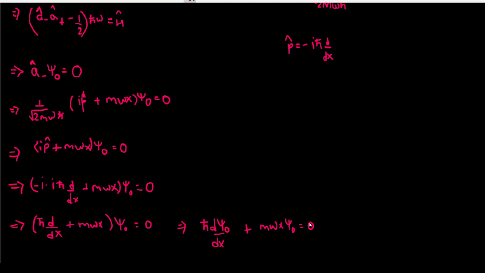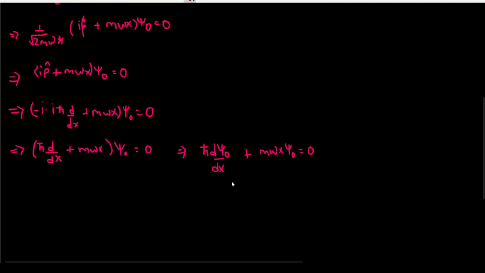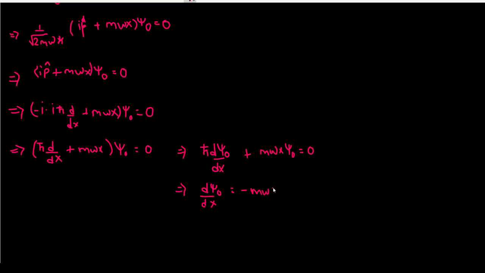Okay, in a more suggestive form, we can write d psi naught divided by dx is equal to negative m omega x divided by h-cut times psi naught.